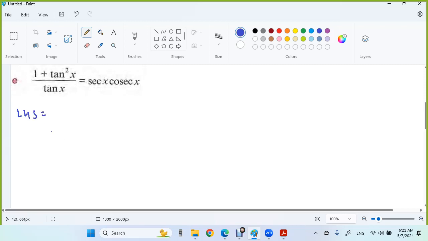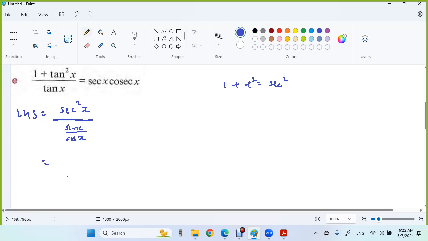So this one, the left hand side is this, and then we know that the 1 plus tangent square equal to the secant square. So we have the secant square x over the sine x cos x.